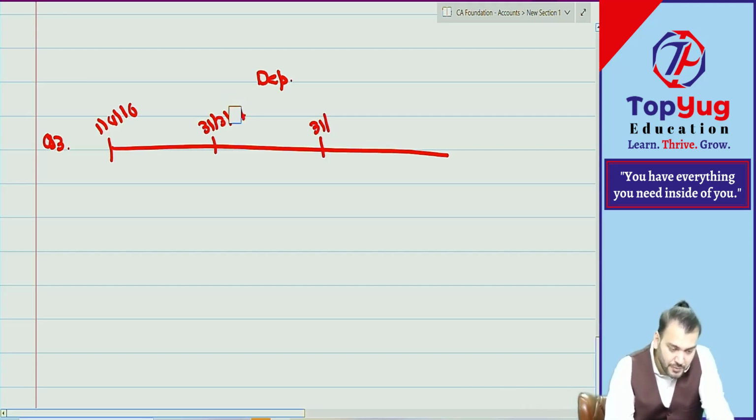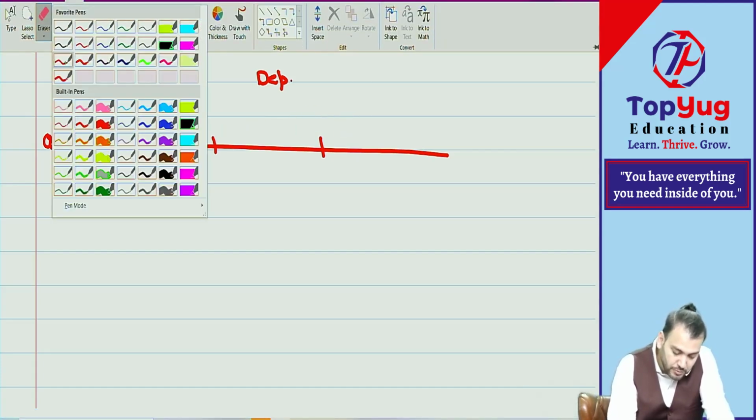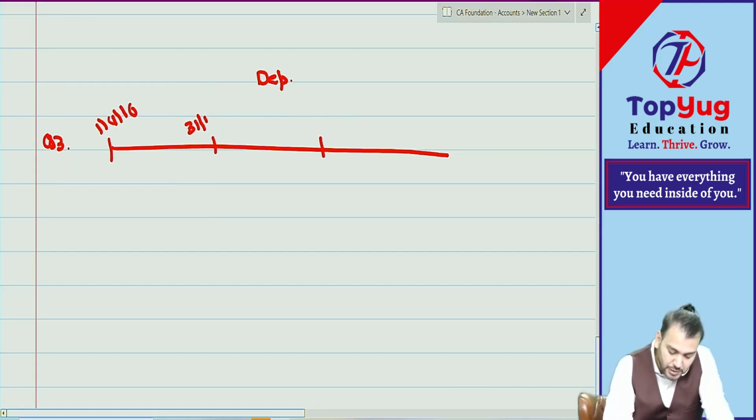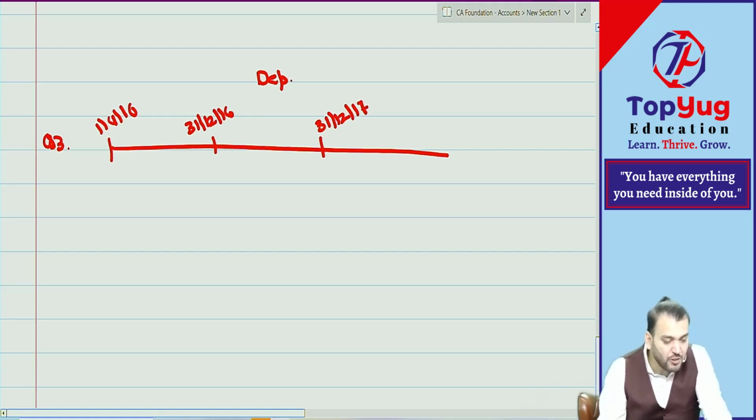So it is 31st 12 2016, then 31st 12 2017. It was destroyed on which date? On 1st October. So 31st 12 2018, and 1st October will be somewhere around here.